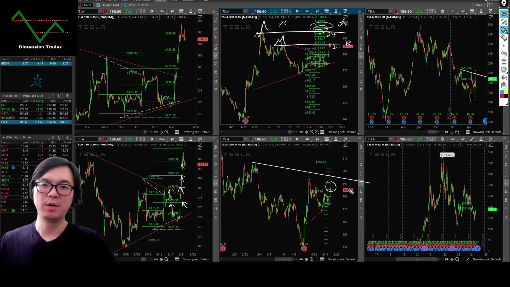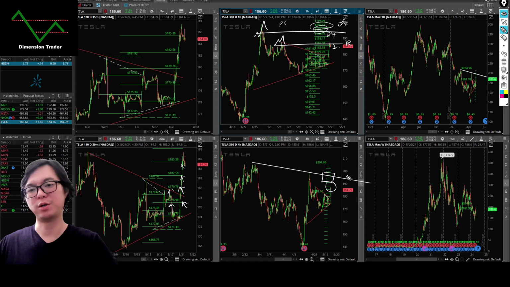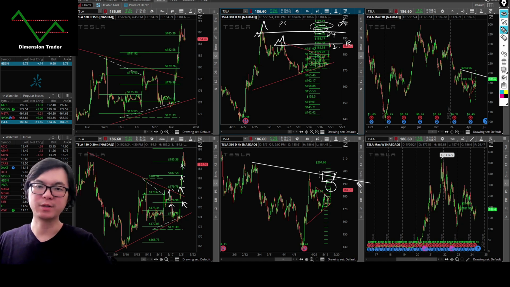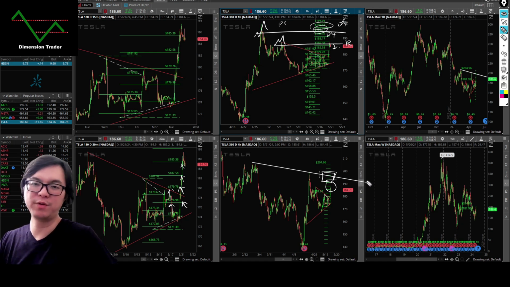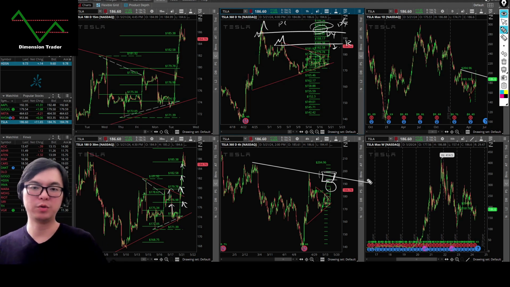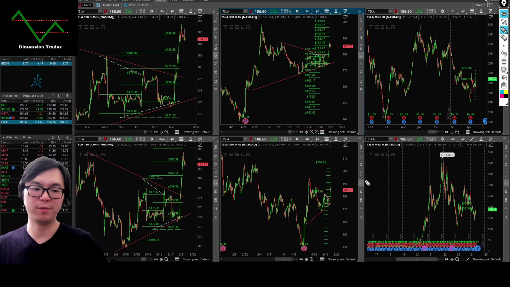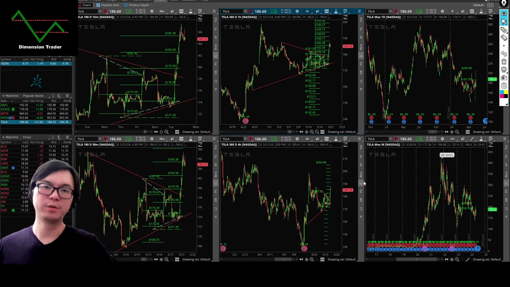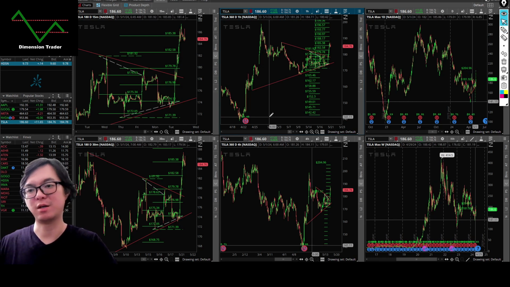At this point, price might reach up to the downtrend trend line, right in this area. That is the time we need to be very cautious and lock some profit out if you are long in the position this far. Okay, so that's pretty much about the Tesla.